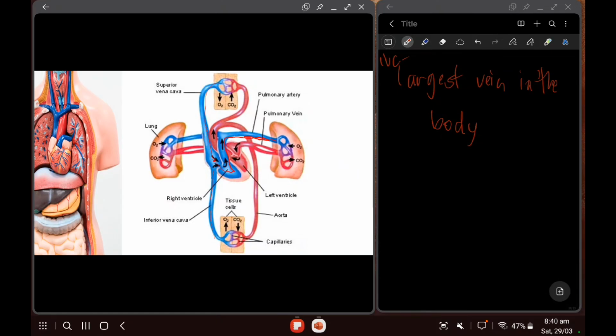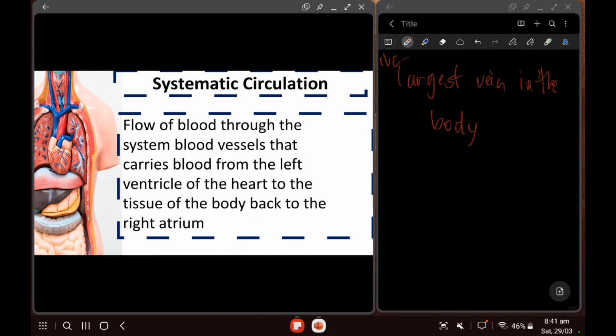Once exchanged, the oxygen-rich blood goes to the left atrium, then to the left ventricle, which pumps it to the aorta to be distributed again. The oxygenated blood flows back to the left atrium through the pulmonary veins. So, it just goes around and around. It's a cycle.